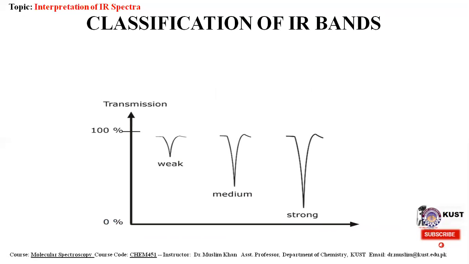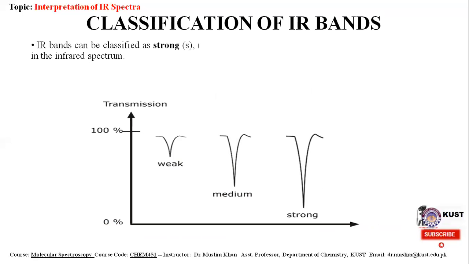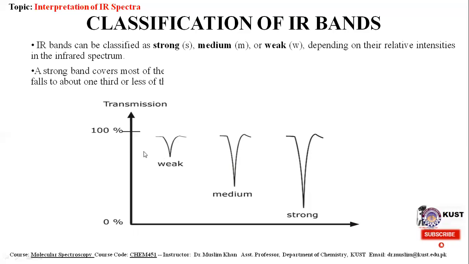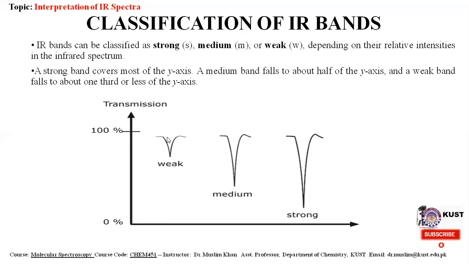So this is the classification of IR bands. An IR band can be classified as a strong band, medium band, or weak band, depending on their relative intensity in the infrared spectrum. So there are three types of band in an IR spectrum. Strong bands basically cover most of the y-axis.